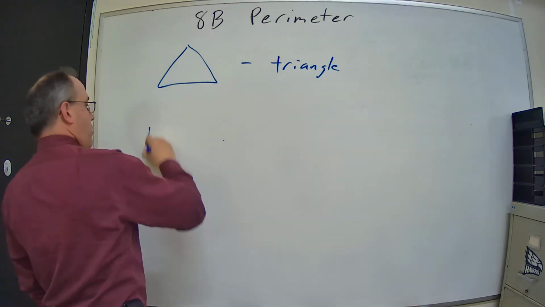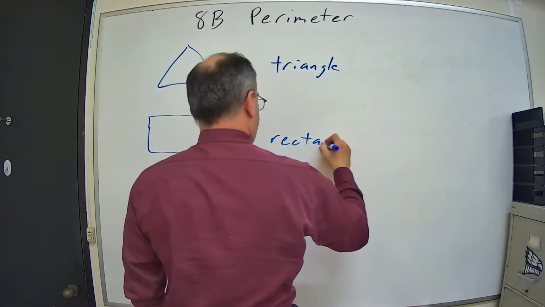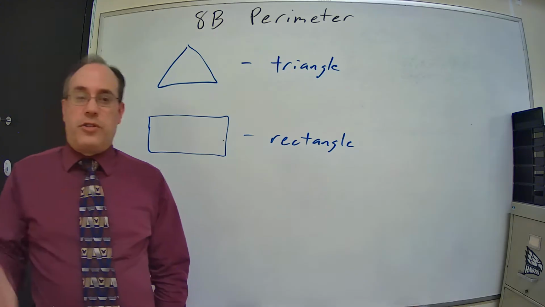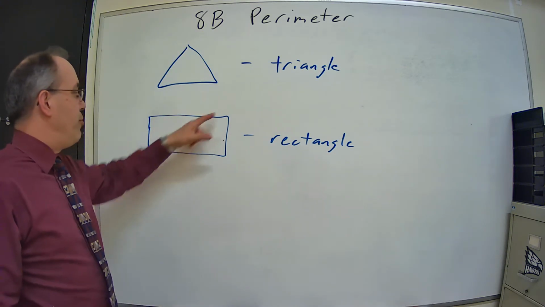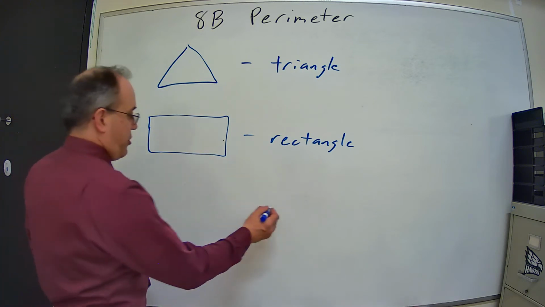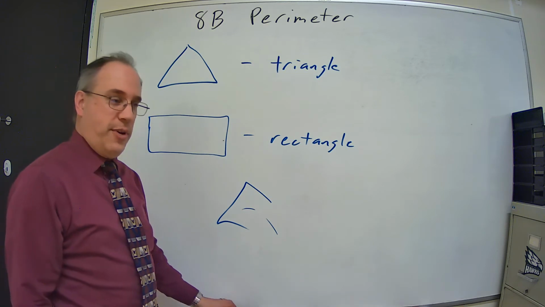A rectangle is a closed two-dimensional figure, and I should explain that closed means that you have to go through one of the sides to get into it, as opposed to having something like this where we can just get right into it.